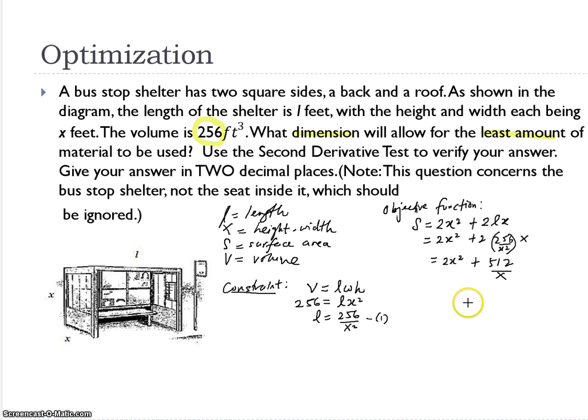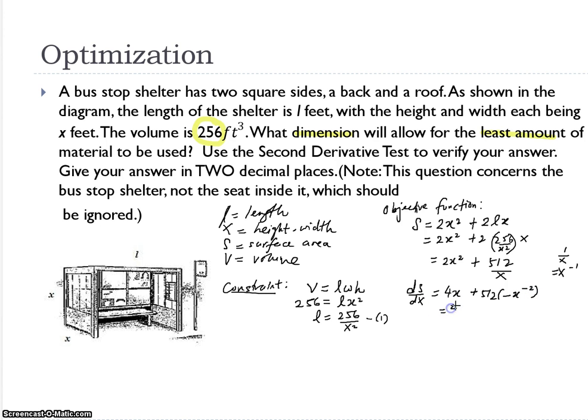To find the critical values of x, we have to differentiate with respect to x. So dS/dx equals, we differentiate this, 4x. This other term is actually 1 over x, which is x to the power negative 1. If we differentiate this, we get negative x to the power negative 1 subtract 1, which is negative 2.